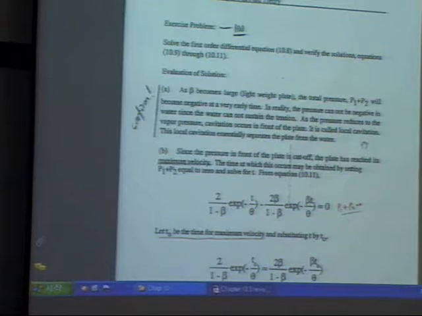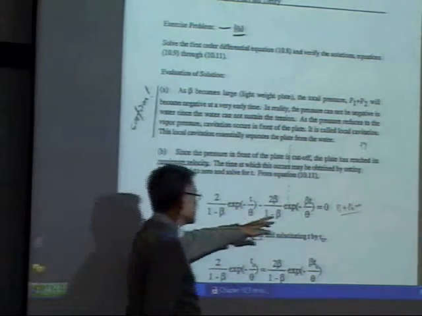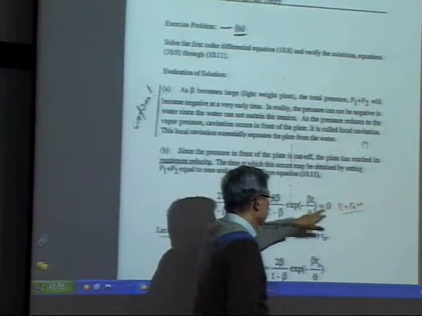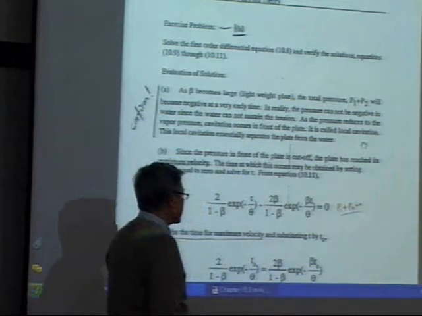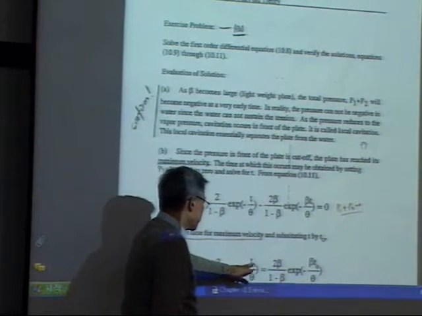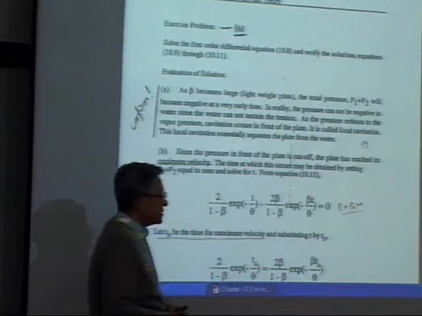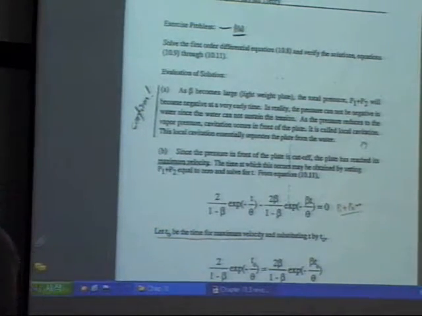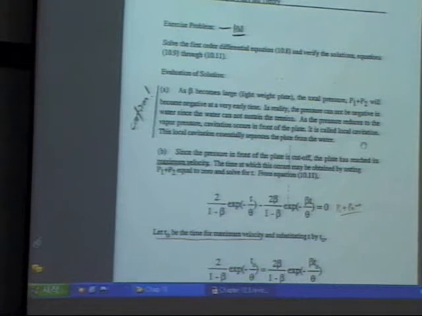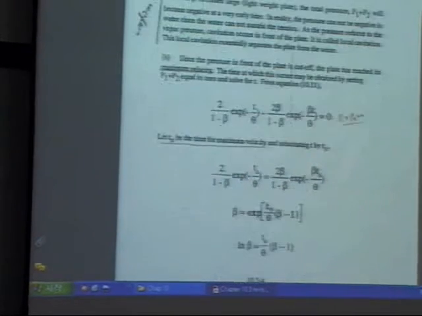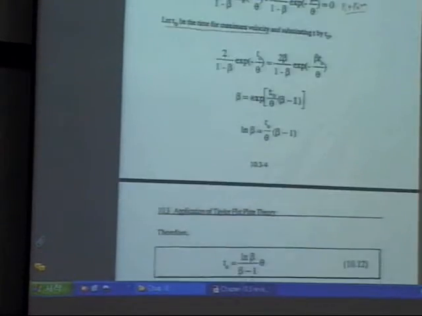So here I set this equal to 0, meaning P1 plus P2 is equal to 0. Then we get t naught. Replace t with t naught. That's the time that maximum plate velocity occurs.